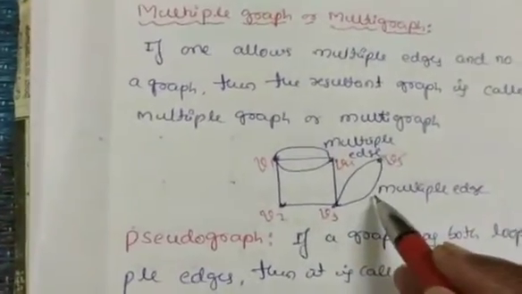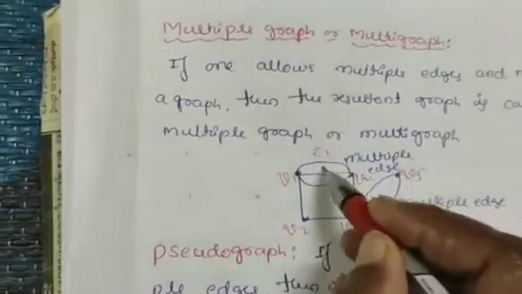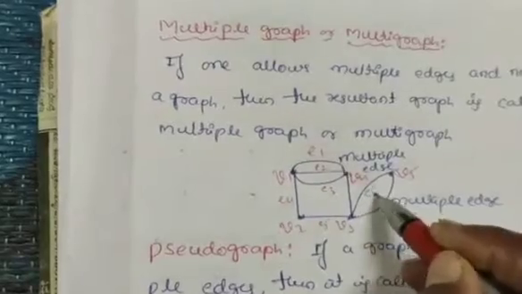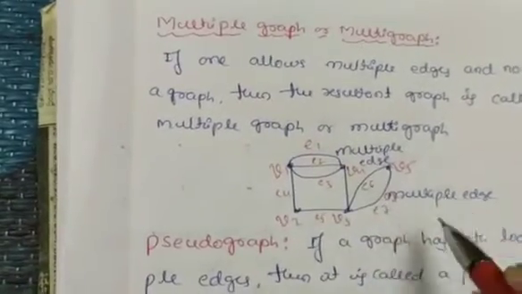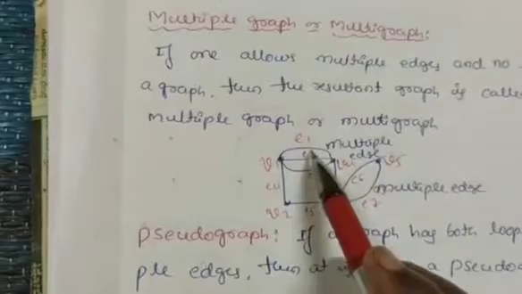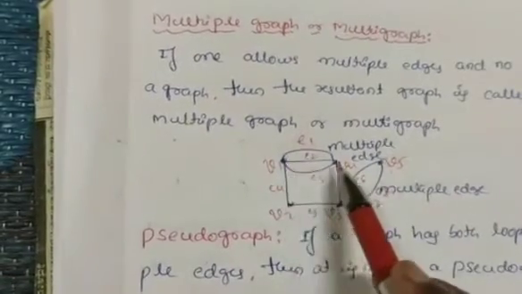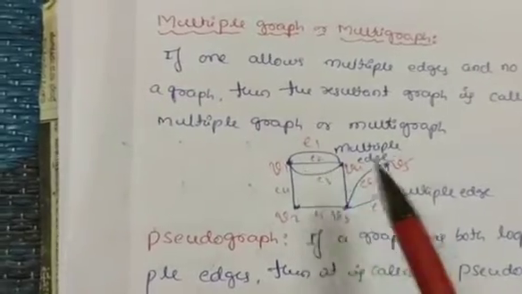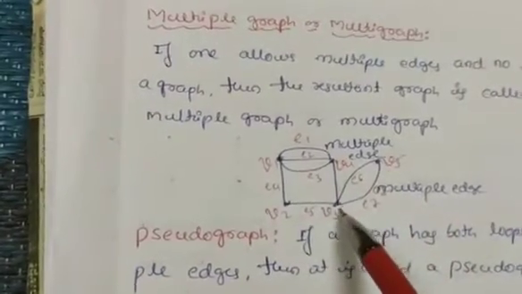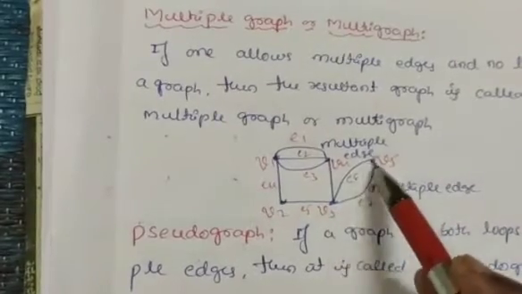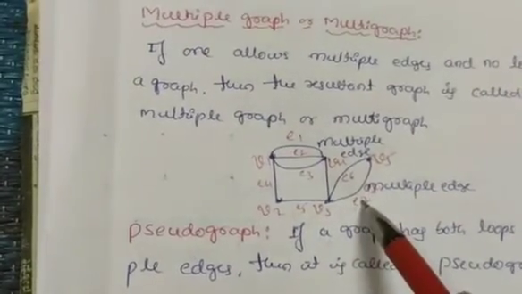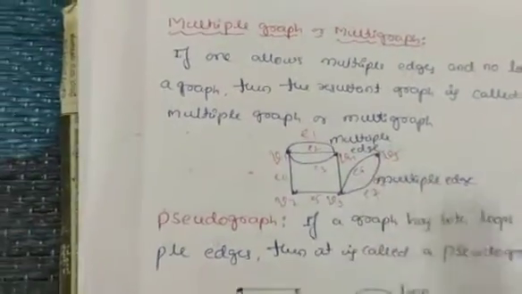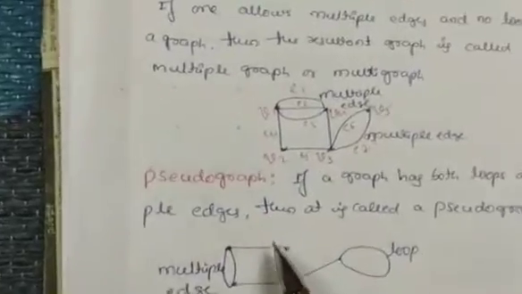We have 5 vertices in this graph, and edges e1, e2, e3, e4, e5, e6 and e7. We have 7 edges. Here the vertices v1 and v4 are joined by 3 different edges, so it has a multiple edge. Also the vertices v3 and v5 are joined by 2 different edges, e6 and e7. Therefore it is also a multiple edge.